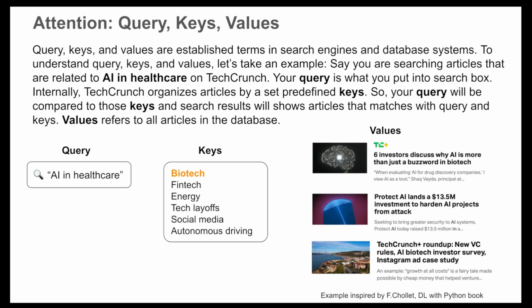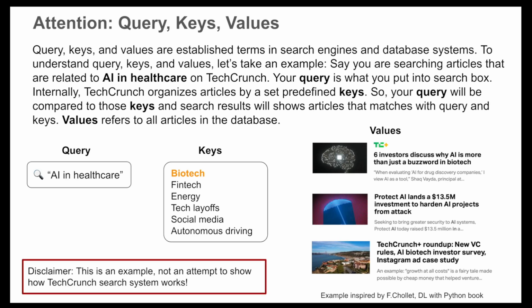In this particular example, the search results that we see are the top articles that match your query. It's not all articles, it's the top articles which match your query. And the values in this example refer to all articles in the database. As a disclaimer, this is just an example. I'm not attempting to show how the TechCrunch search system works.